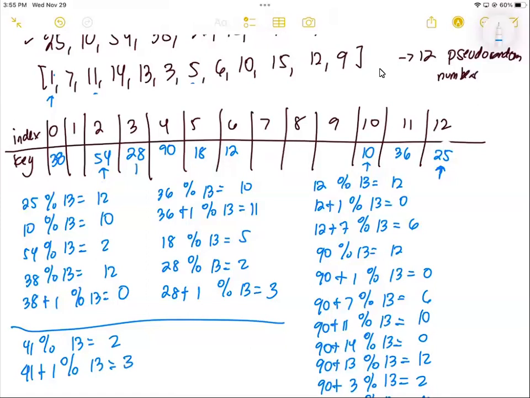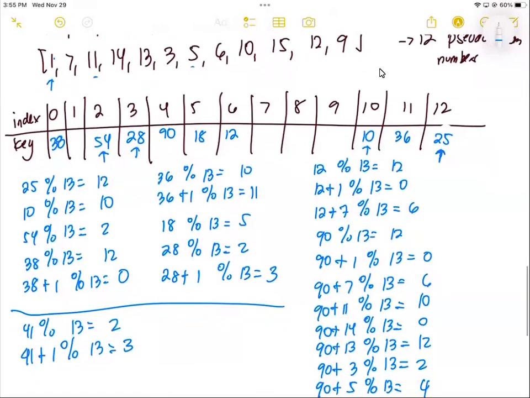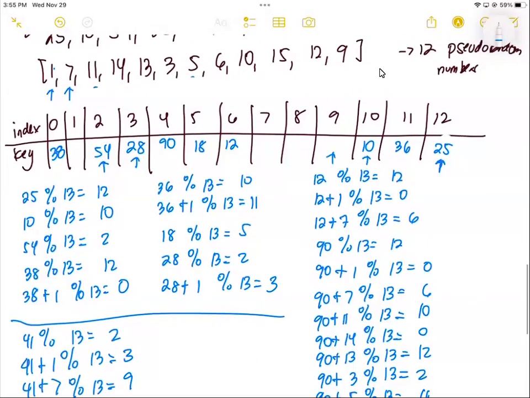And if we look at the third bucket, it already contains 28. So we are going to add 41 with the next element in the array, which is 7. 41 plus 7 modulo 13 is equal to 9. Let's look at the ninth bucket. The ninth bucket is empty, so we can put 41 here, right?